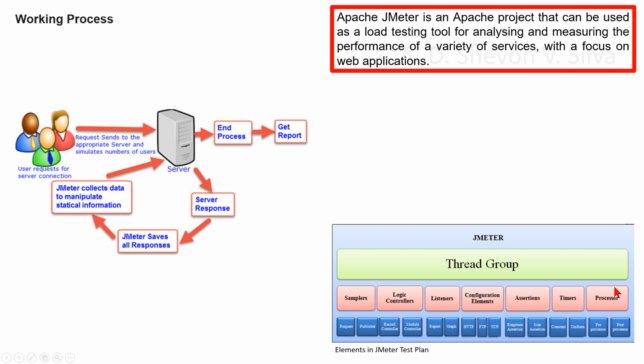Each sampler can be preceded by one or more pre-processor elements, followed by post-processor elements and or assertion elements. It saves in Java Management Extensions JMX format.